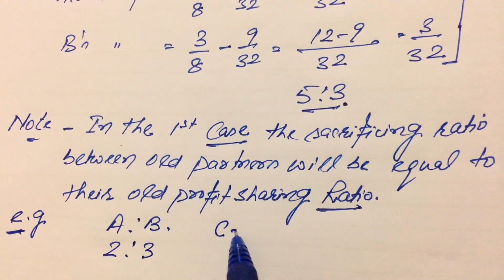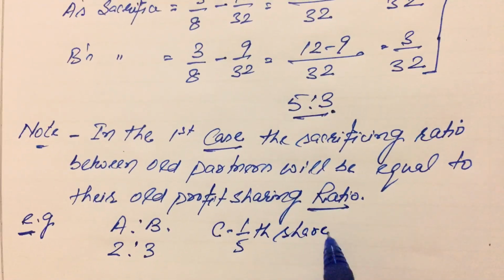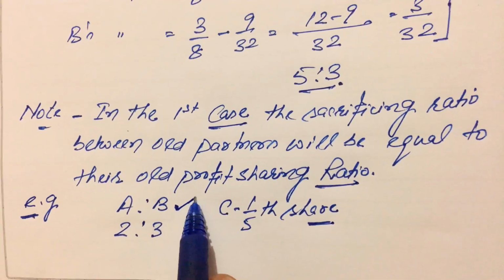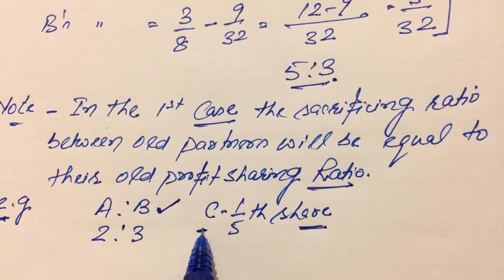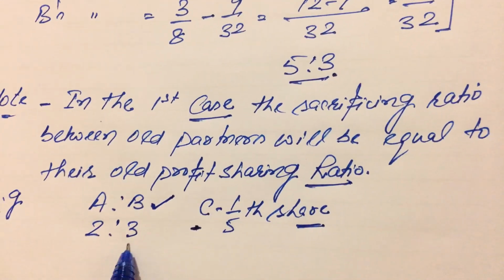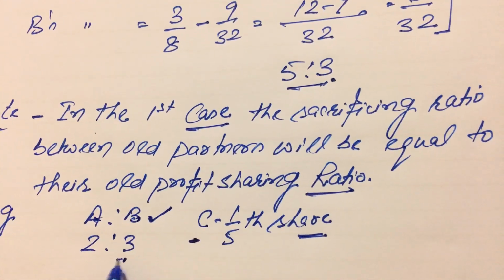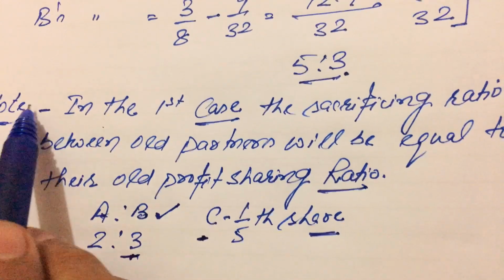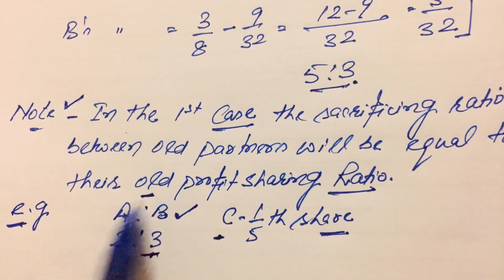C is admitted as a partner for 1/5 share, and if the 1 mark question is what will be the sacrificing ratio of A and B, then without making any calculation, we can say that in this case the sacrificing ratio of A and B will be equal to their old profit sharing ratio. This is the meaning of this conclusion drawn by us in the very first case.